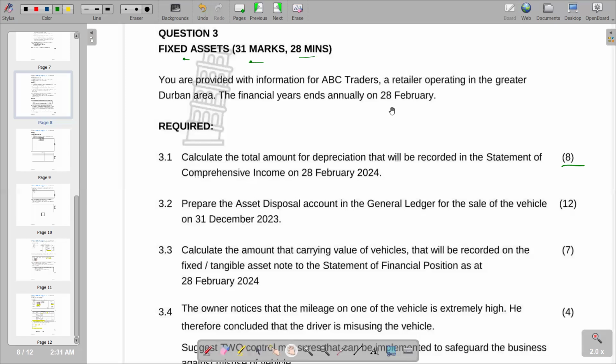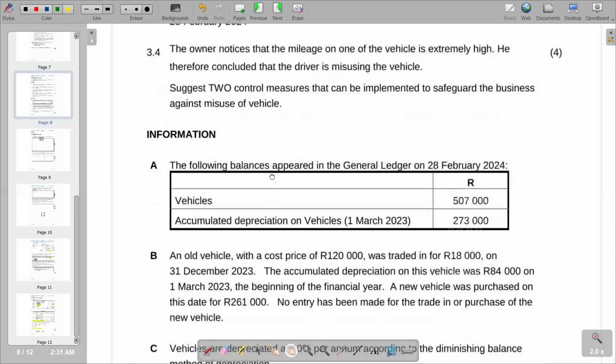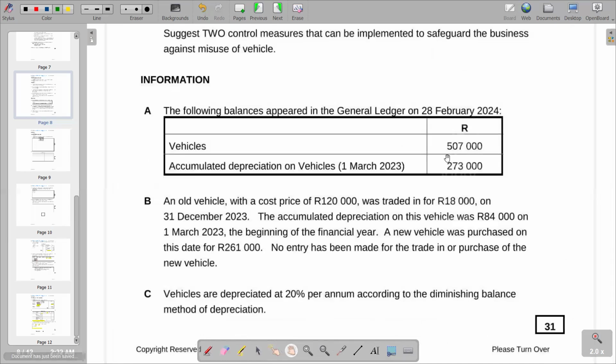So they want the depreciation for the year ending 28th February 2024. From there we can go and read the information B that we have.